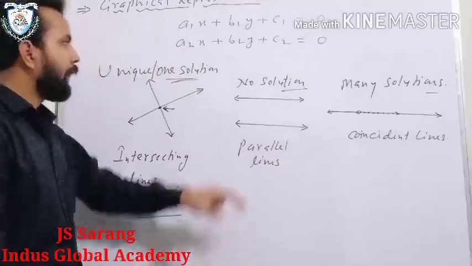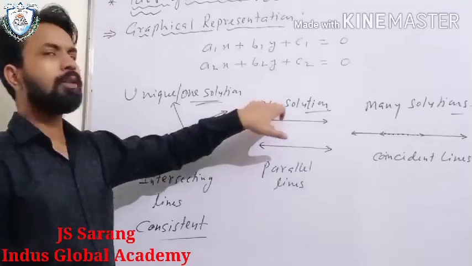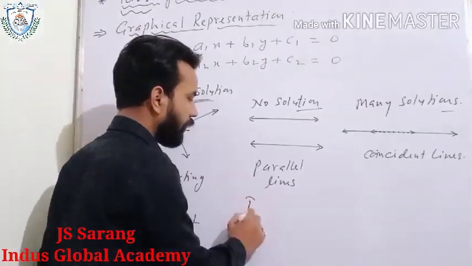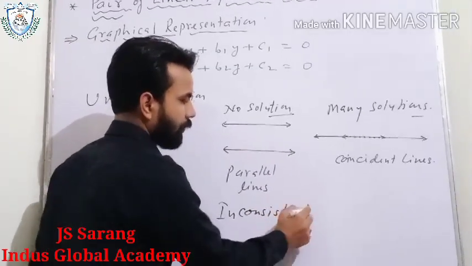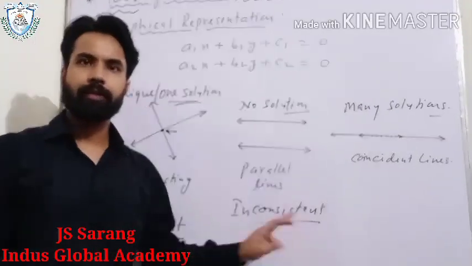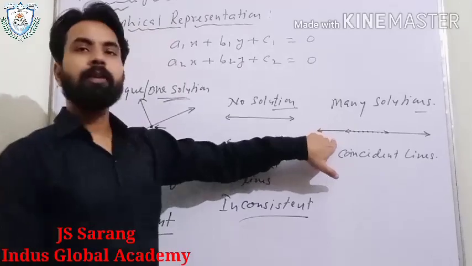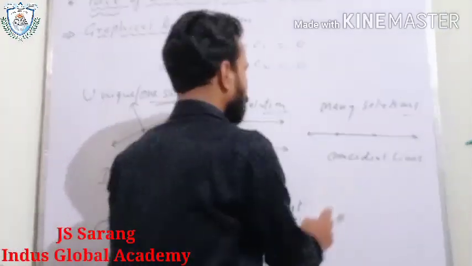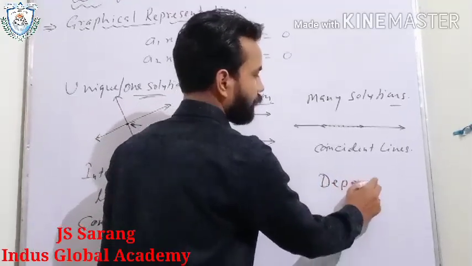Clear? Here, this pair of linear equations in two variables has no solution. If no solution is there, that means its nature will be inconsistent. The nature of parallel lines is inconsistent. Understood? Here, this pair of linear equations in two variables has many solutions. That means it has dependent nature.